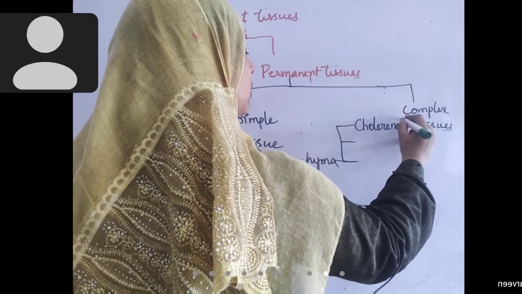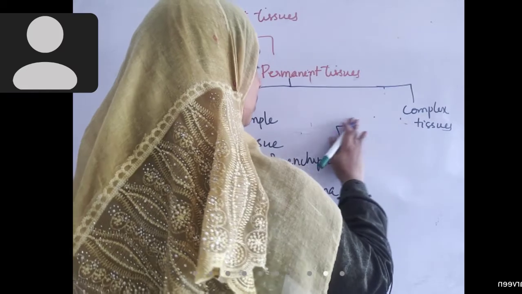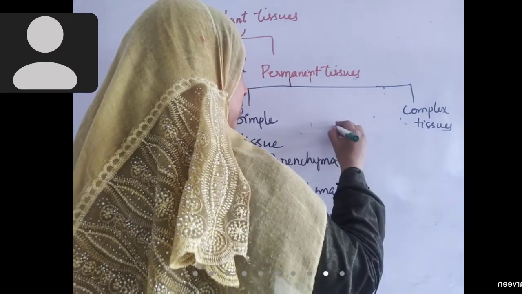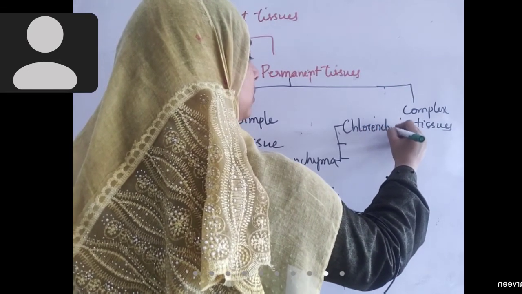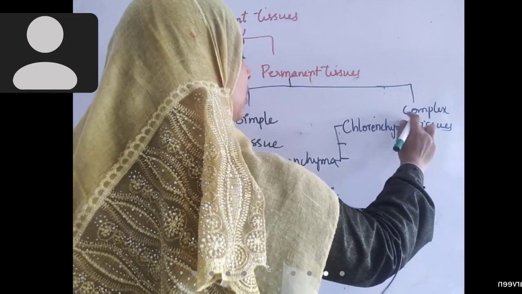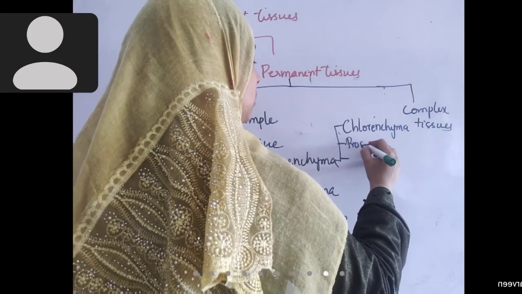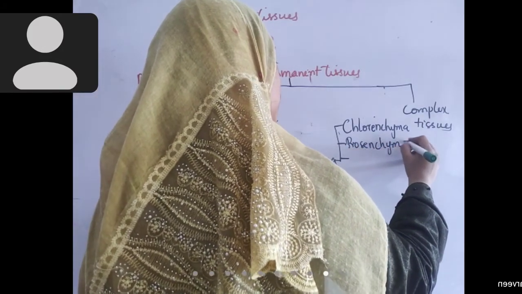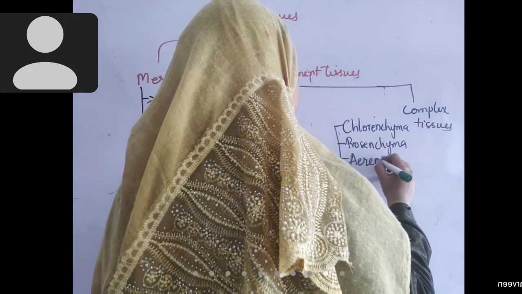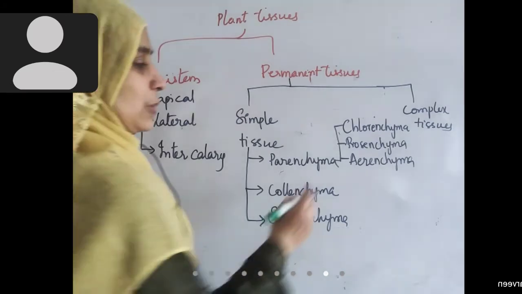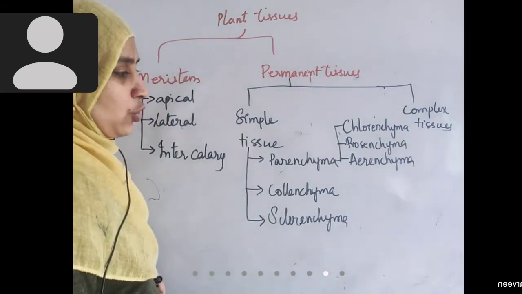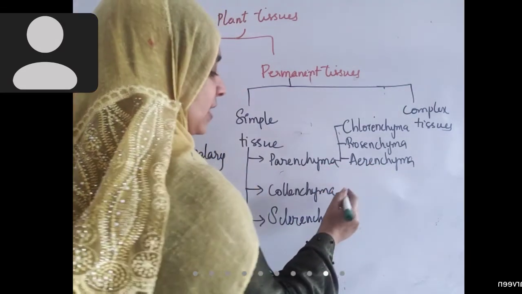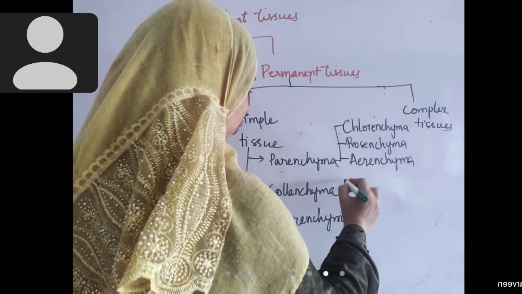Chlorenchyma, prosenchyma, aerenchyma. Chlorenchyma has chlorophyll, it can perform photosynthesis. Prosenchyma provides mechanical support in small, newly formed cells. Aerenchyma has air spaces, it helps some aquatic plants to float.